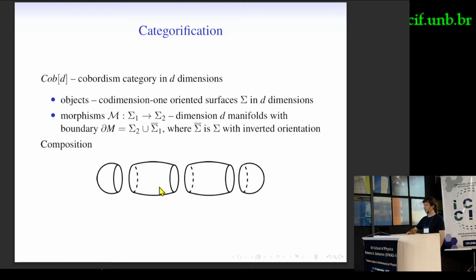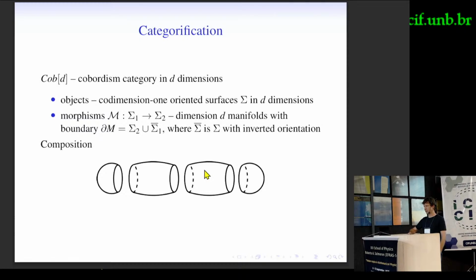And the composition of the morphisms will mean that I should be able to glue the different cylinders in this diagram. So here, for example, when two cylinders have a boundary of the same type, it means that I have one morphism whose image is a certain object, and the other one has its domain in the same object.